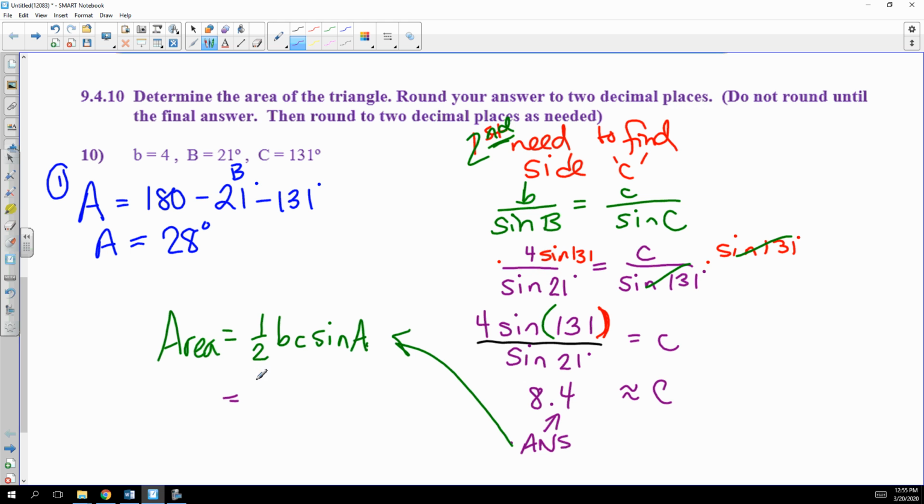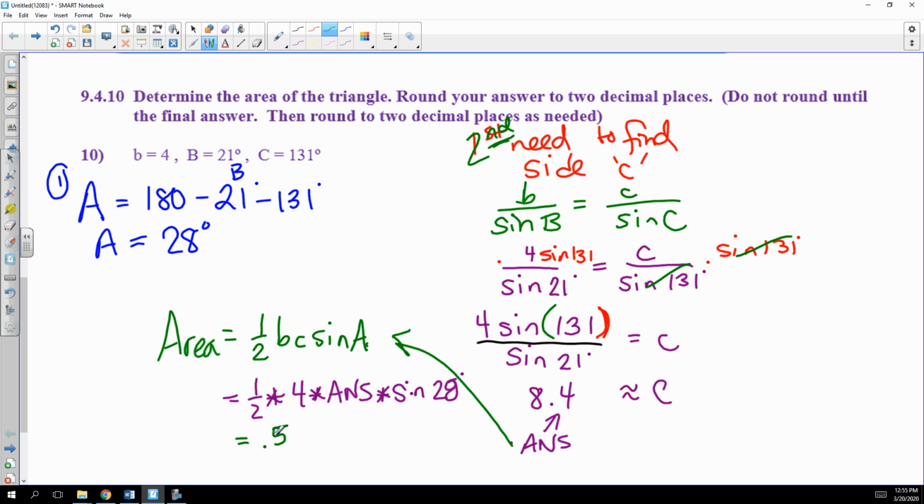So we're going to say 1/2 times 4 times, and I'm going to put answer here, and then times sine of 28 degrees. Now I probably am not going to put the times sign in between answer and sine of 28. You could if you wish, and I typically would type in the 1/2 as 0.5.